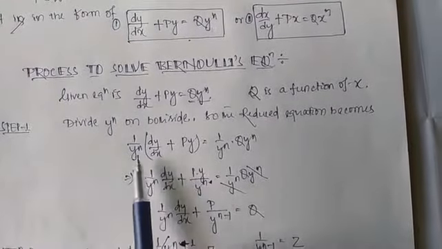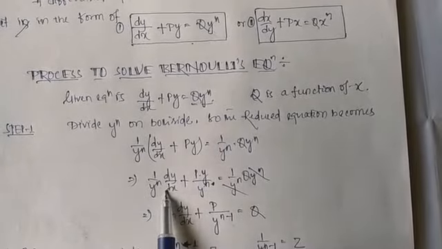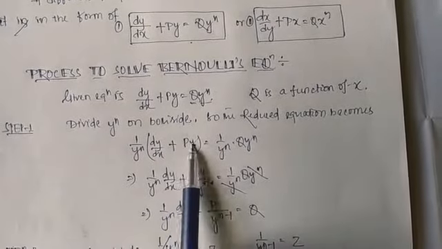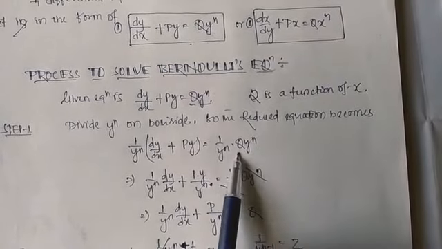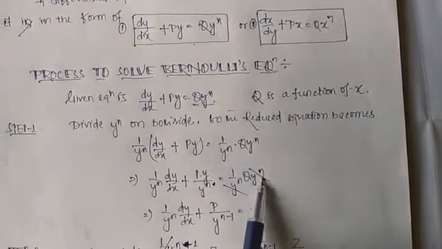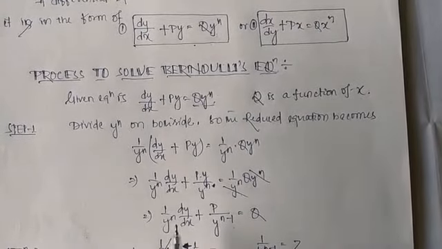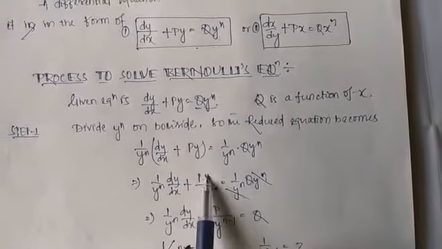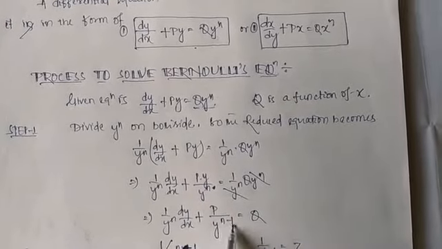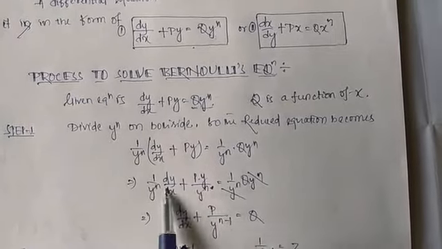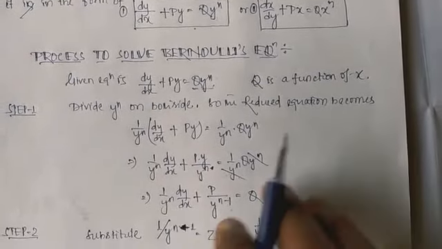By dividing by y to the power n on both sides, we will get 1 by y to the power n dy by dx, plus py divided by y to the power n, equal to 1 by y to the power n into q into y to the power n. Here y to the power n cancels with y to the power n in the denominator. By cancelling one y in the denominator, we will have y to the power n minus 1 in the denominator, and the first term will remain the same.